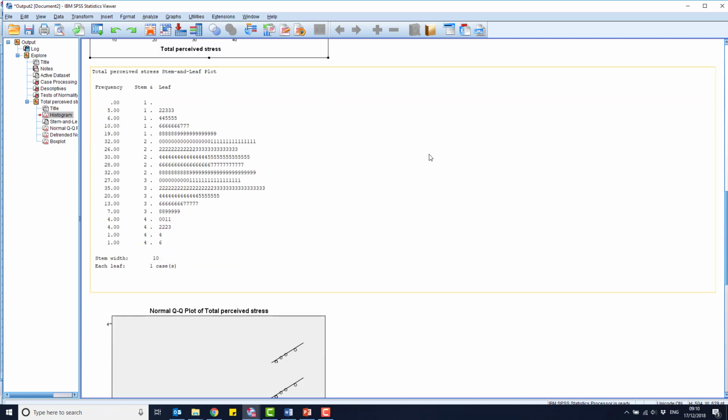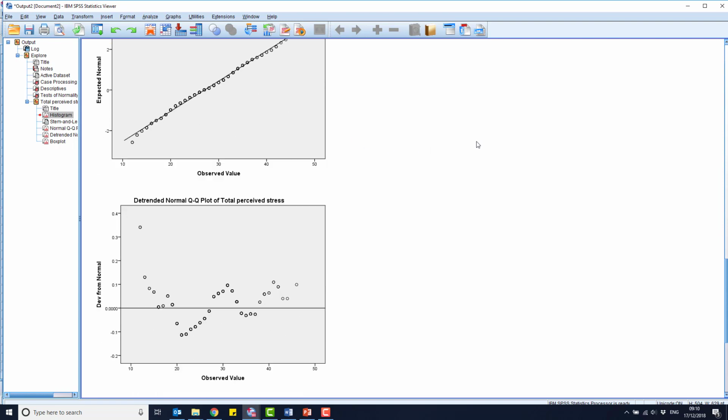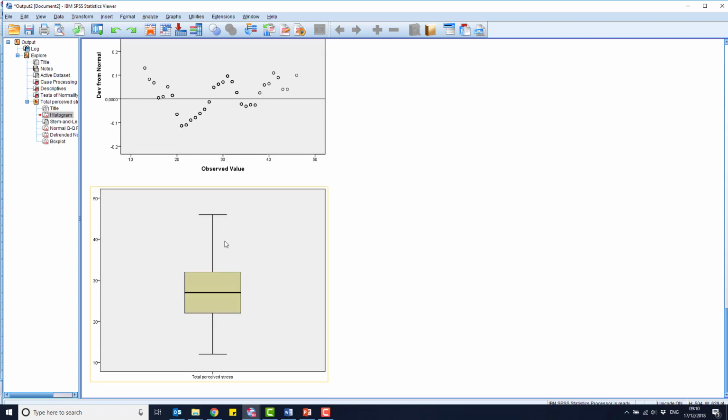But I will look at my box plots as well. You can see here the normal QQ plot. If these points are perfectly aligned with the diagonal line, then it is normally distributed. And we can see there's a slight deviation in places, but it's not huge. And we can see the box plot.